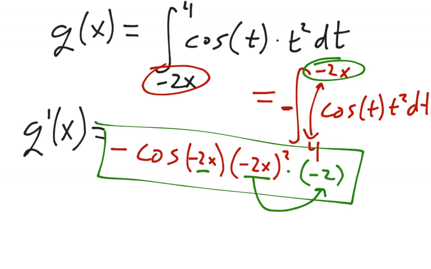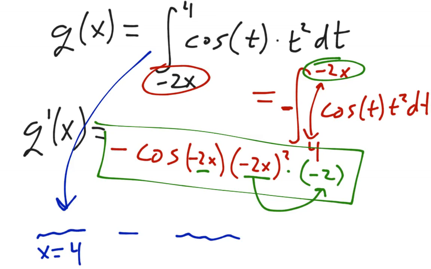I did mention there was a second way to think about this, and the second way is that with your fundamental theorem, essentially when you take the derivative, you'll have blah blah blah minus blah blah blah. And the first blah blah blah will have the t equals 4 plugged in. The second blah blah blah will have the t equals negative 2x.